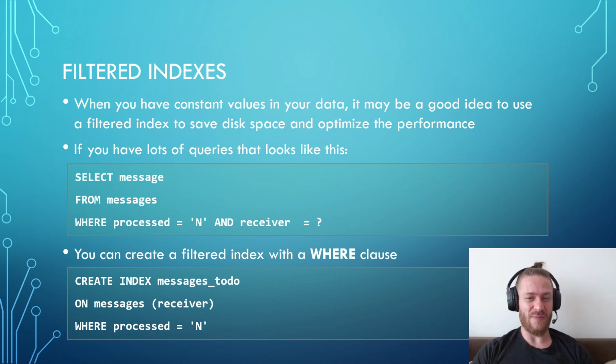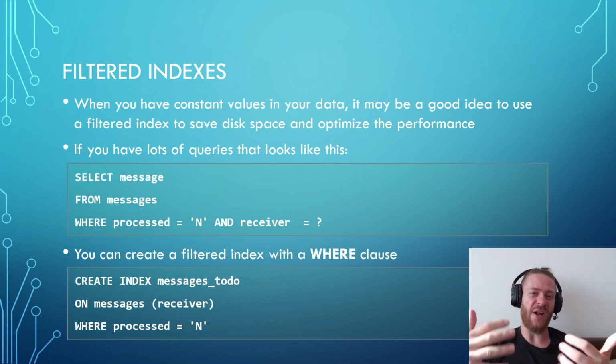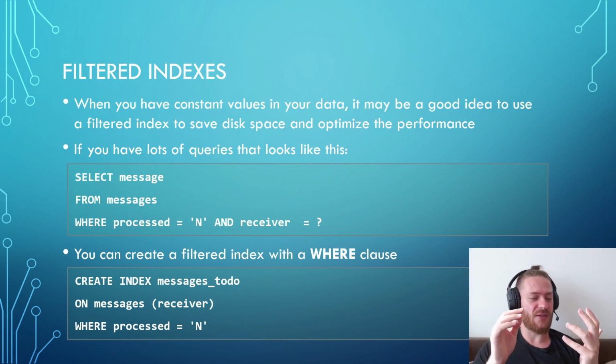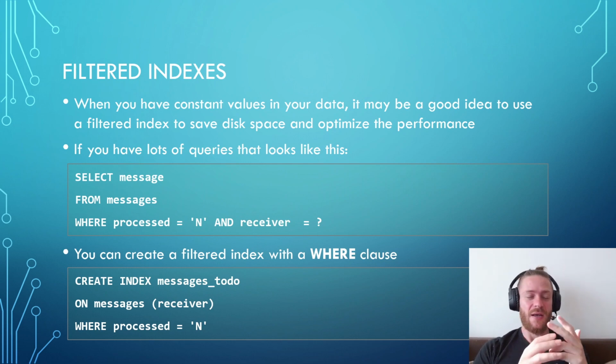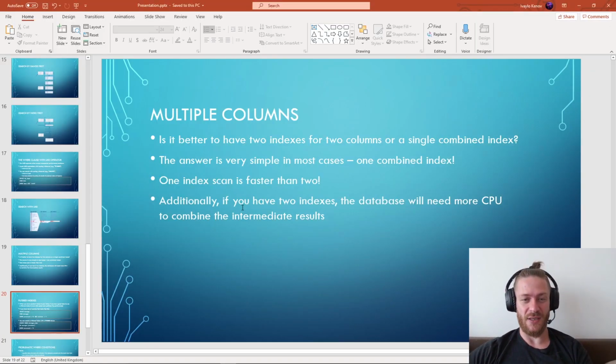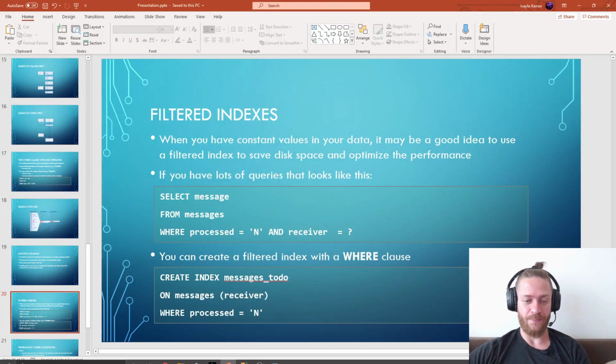You will save disk space and you will optimize the performance, especially if most of your queries search for that value. So you can optimize the index data by filtering it and not including everything, but including parts of the data which you most frequently use. This will improve the index seek and index scans in your queries, and that's a very huge win.